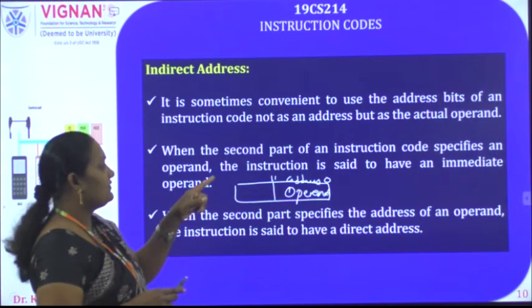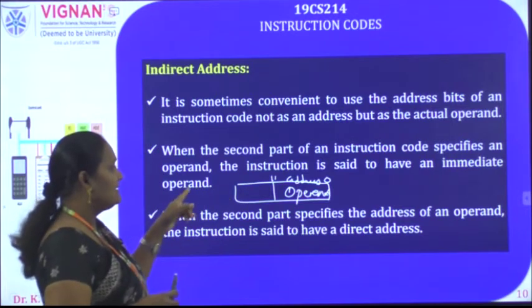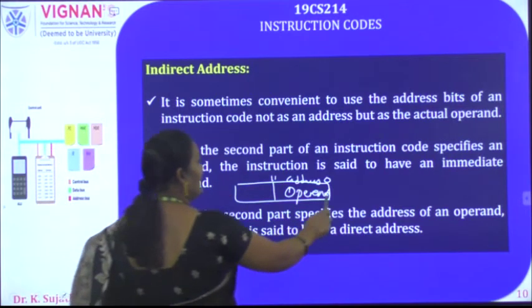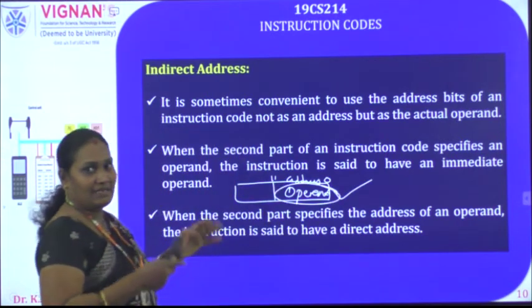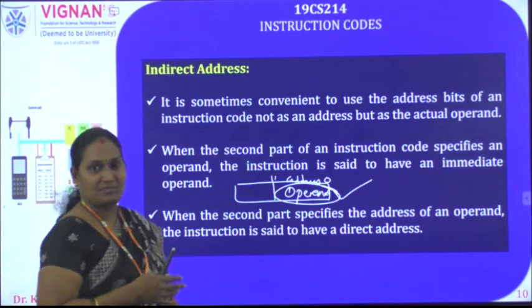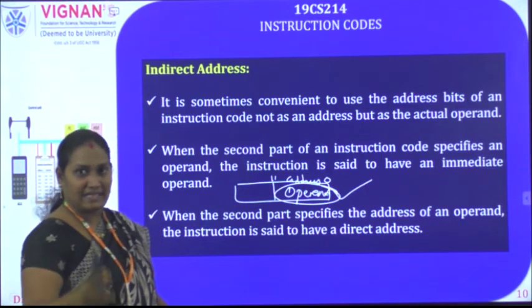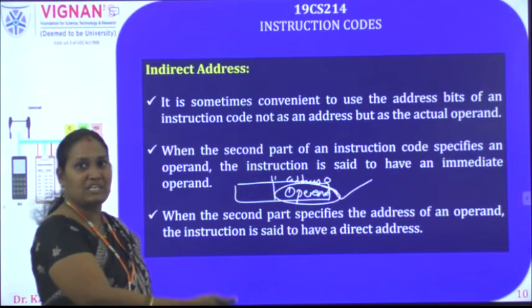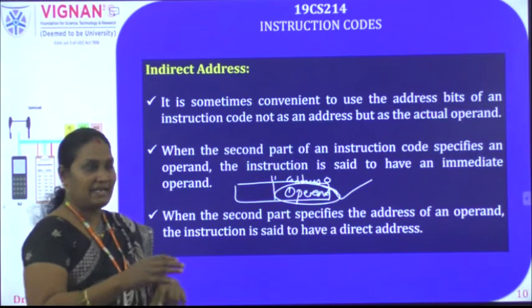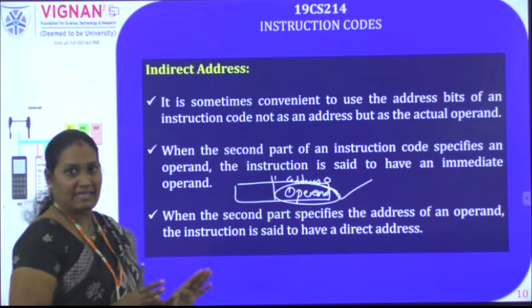When the second part of the instruction code specifies the operand, the instruction is said to have an immediate operand. The control takes the operand from the instruction code itself. If it needs a second operand, it can be taken from the processor register, and it operates on those two data items.